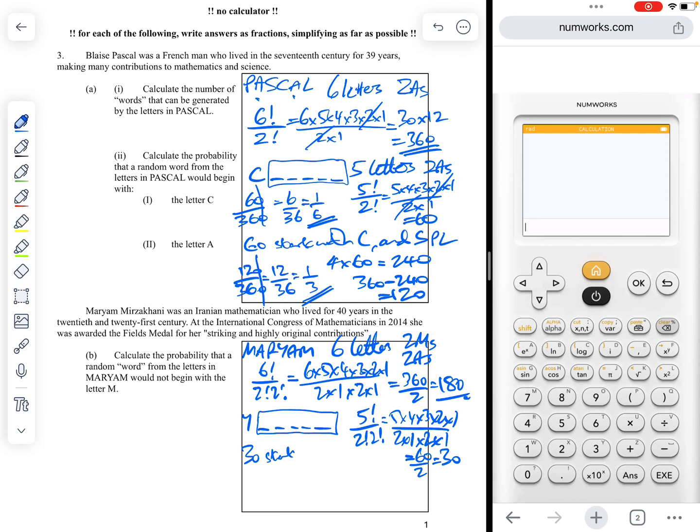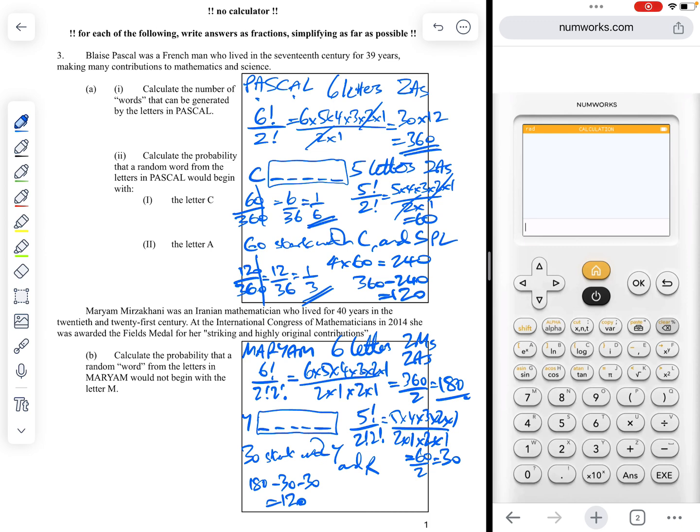30 start with R. So also we can say they would also start with I. So that's 30 and 30. 180 minus 30 minus 30 is 120.